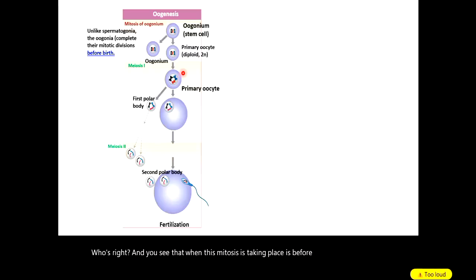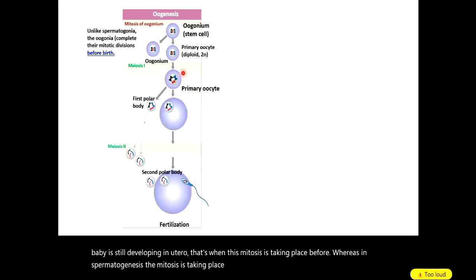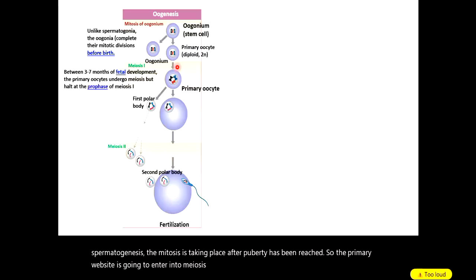So when the baby is still developing in utero, that's when this mitosis is taking place, whereas in spermatogenesis the mitosis takes place after puberty has been reached. So the primary oocyte is going to enter into meiosis 1, right? And this happens between 3 to 7 months of fetal development.